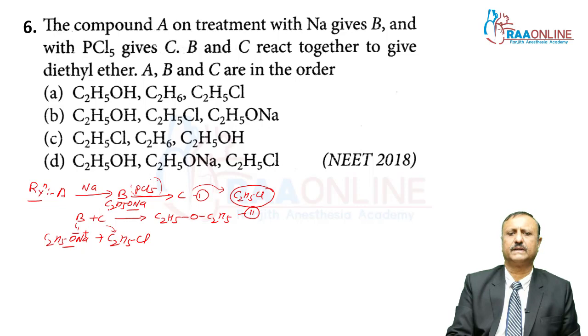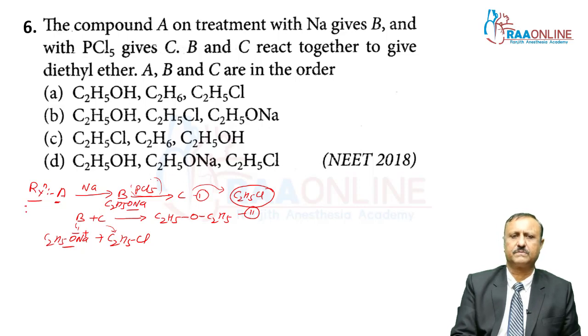Now, this sodium ethoxide is formed from compound A. When compound A reacts with sodium to form sodium ethoxide, it means A must be ethanol. Because, my dear friends, when ethanol reacts with sodium metal, it gives sodium ethoxide. And this sodium ethoxide reacts with PCl5 to remove POCl3 and HCl and form, my dear friends, C2H5Cl.